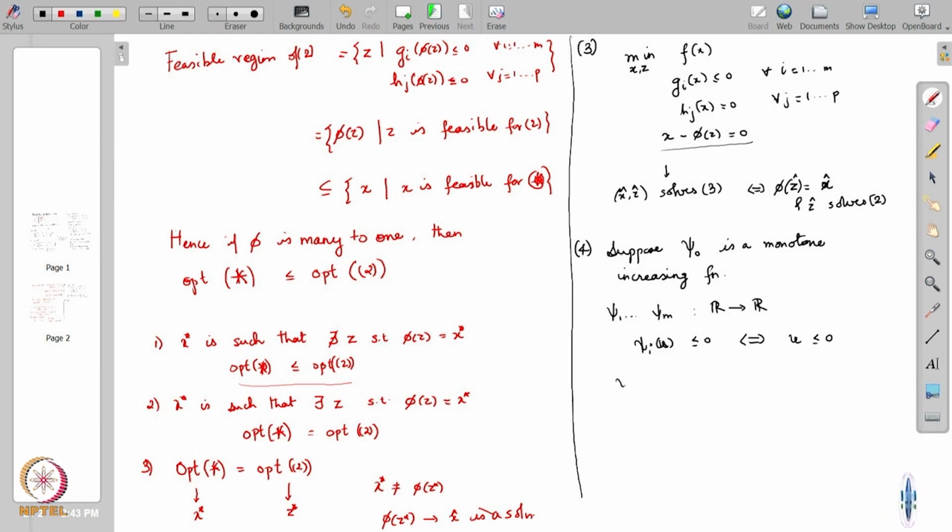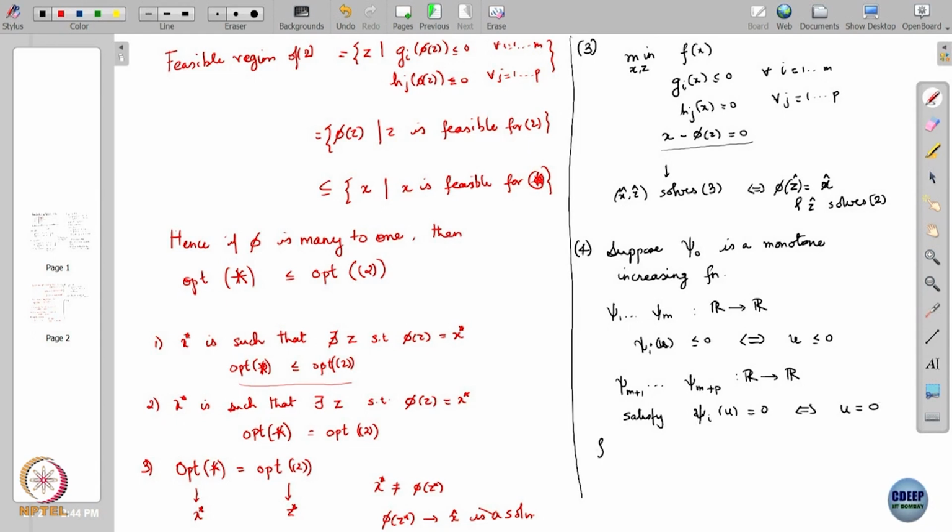And suppose psi m plus 1 till psi m plus p are also functions from R to R, and they satisfy psi i of u equal to 0 if and only if u equals 0.